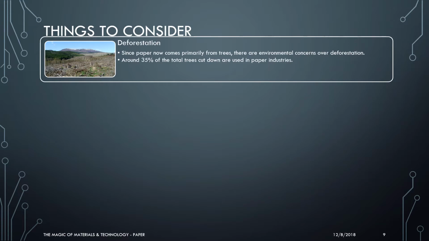Now, paper isn't all fun and games. It comes at a price, right? Deforestation is largely due to the paper industry. Around 35% of total trees cut down are used in paper industries.